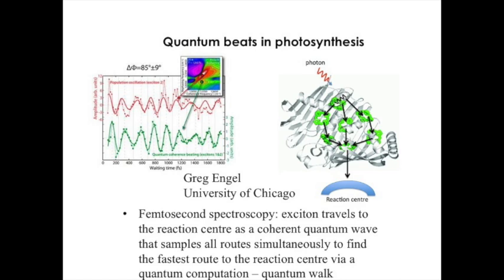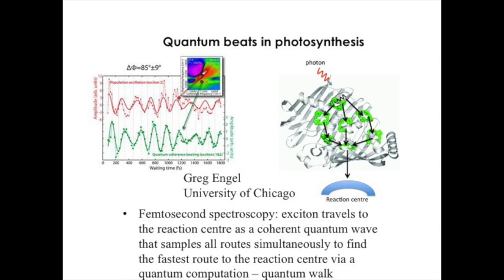Essentially what they did, and I won't go into the details of this very complex experiment, was use femtosecond spectroscopy, shining a sharp femtosecond beam of light at a photosystem, and then looking at the reflection of that light as it reflected out of the photosystem. When doing that, it probes the photosystem and the energy transport in that photosystem. And what they found was that the energy came out in beats, in waves.